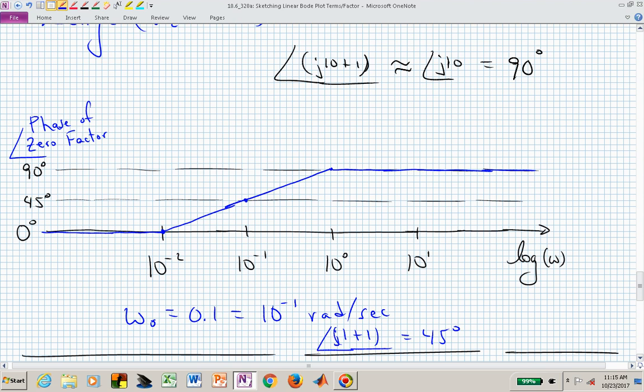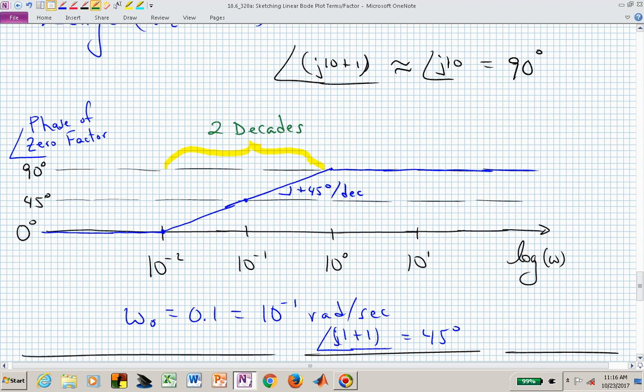So we're transitioning from 0 degrees to 90 degrees. We're going up to 90 degrees because this is upstairs. This is a zero factor, and this slope is plus 45 degrees per decade, and it's spread just over a 2-decade expanse. After you get through 2 decades, it quits sloping and it flattens out and becomes constant.